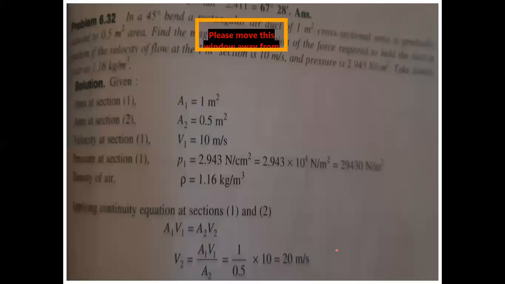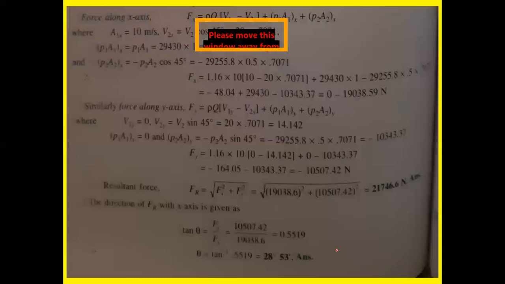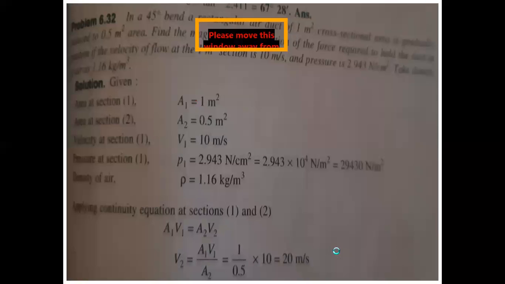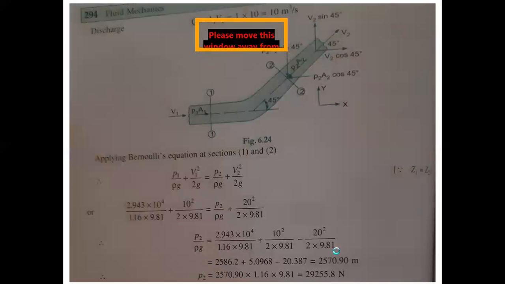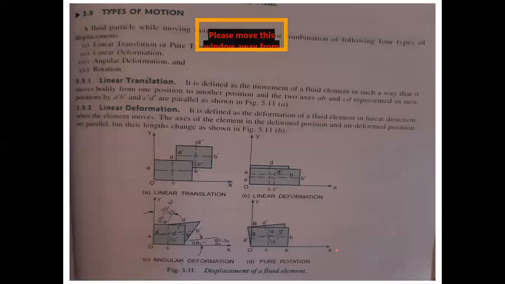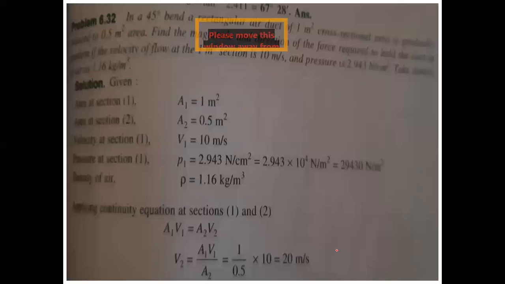Okay, I think this is the last problem. In a 45 degrees bend of a rectangular air duct, the 1 meter cross section is gradually reduced to 0.5.